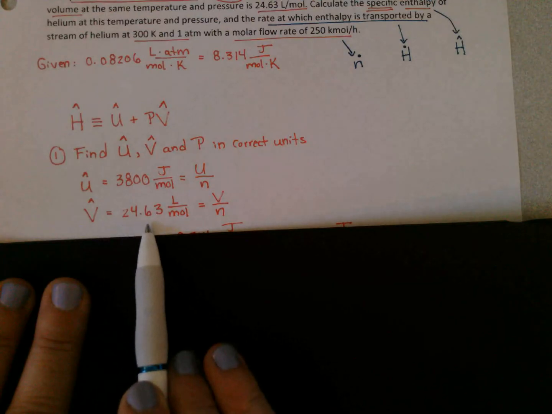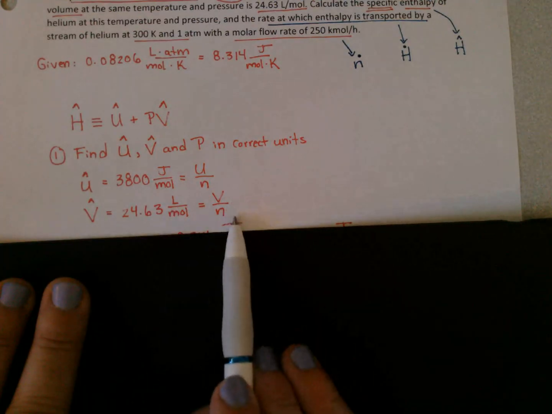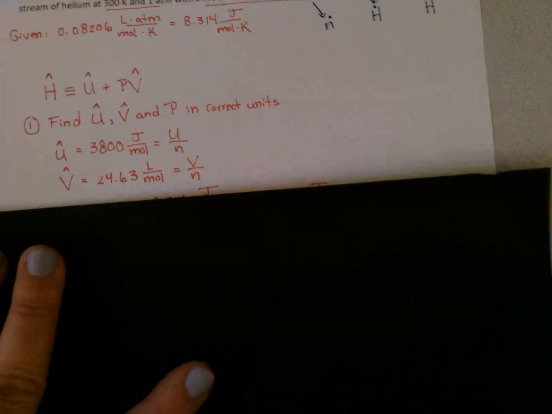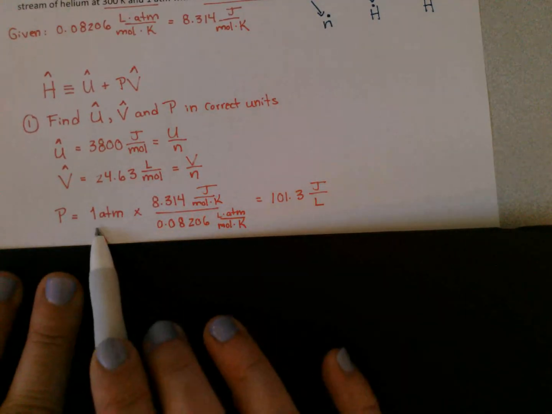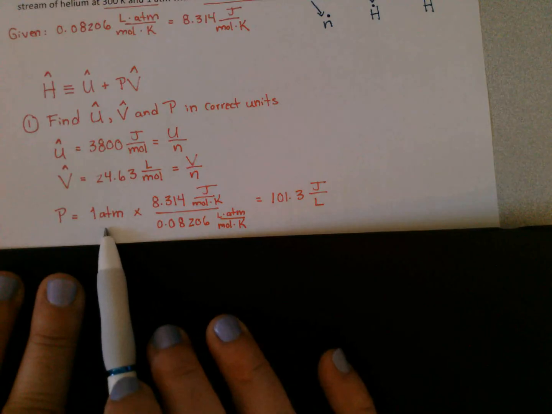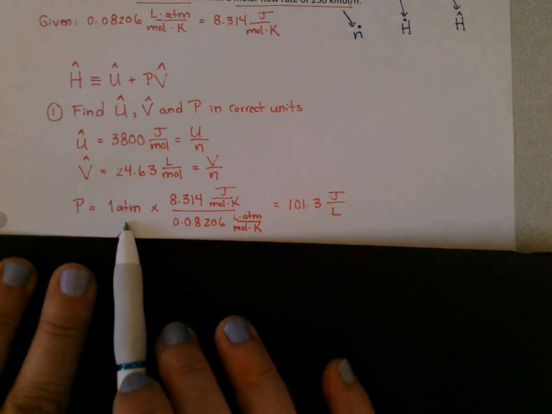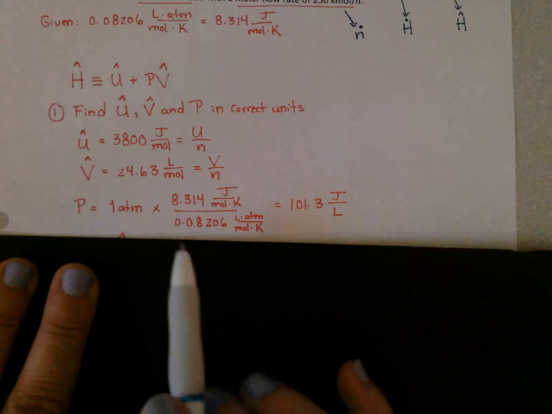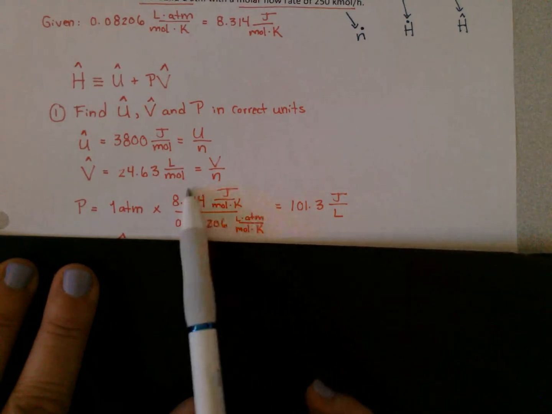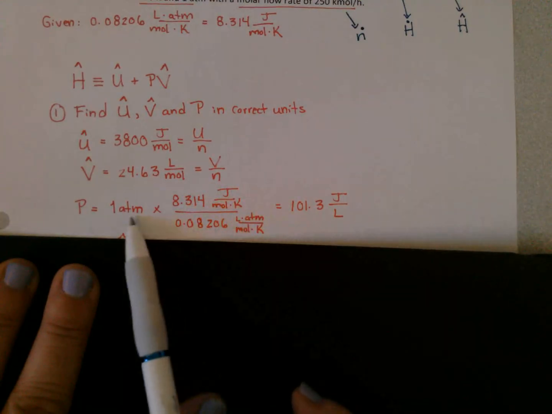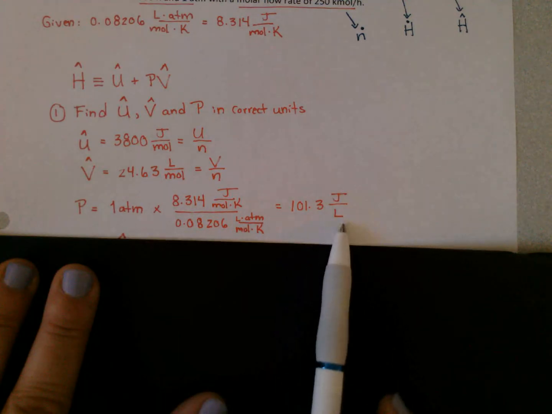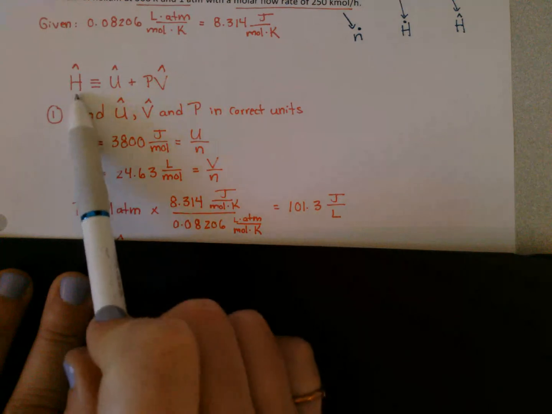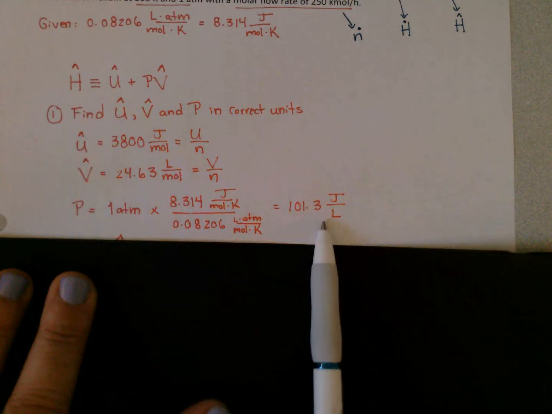We have 24.63 liters per mole, so that's a V per an N. And then if we look at pressure, we have 1 atm of pressure, but we're going to need different units of pressure to be able to solve this problem. We're going to take that unit conversion that we have up above and multiply it by this 1 atm to get 101.3 joules per liter. And when we start to solve for this H hat, you're going to see why these units matter.